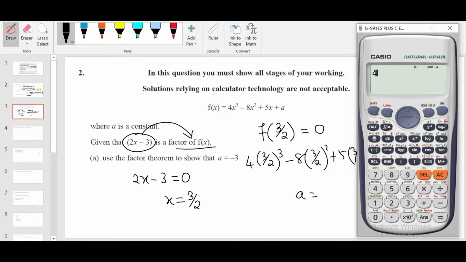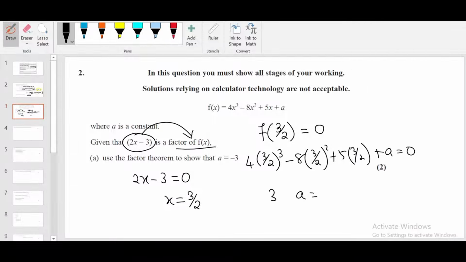So 4 times 1.5 cube minus 8 times 1.5 square plus 5 times 1.5, we get 3. So 3 plus a is 0, a is equal to negative 3. That's all. Easy 2 marks if you know the factor theorem.